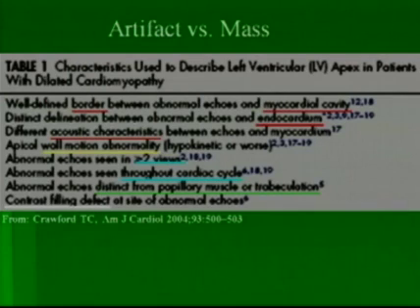There's actually been a scheme proposed to identify artifact versus mass.